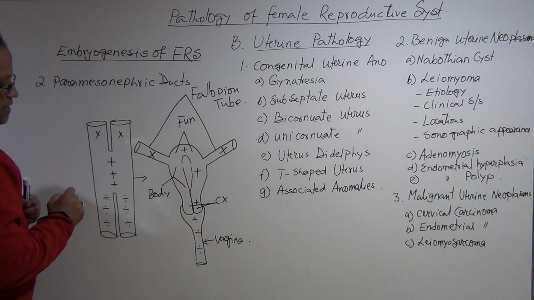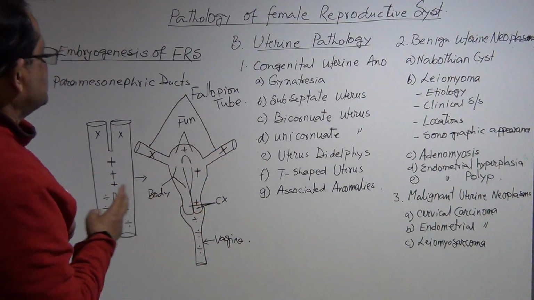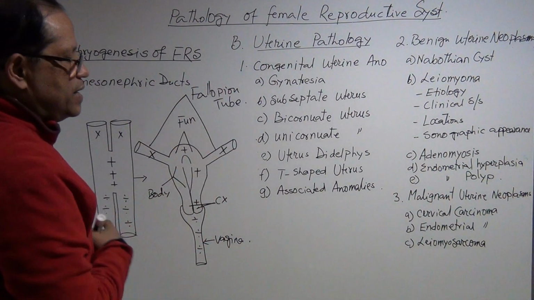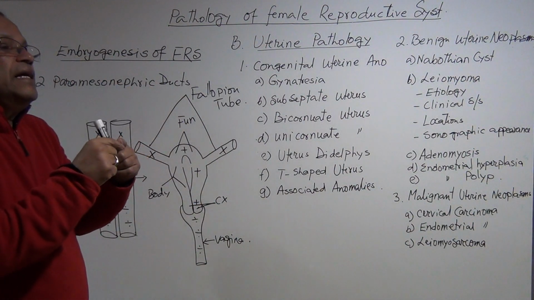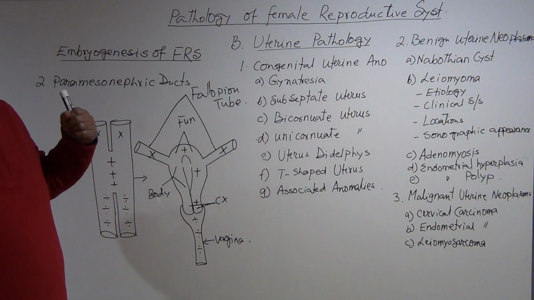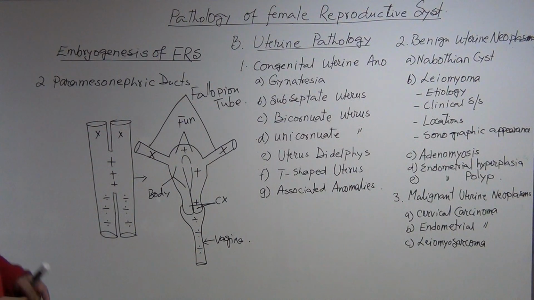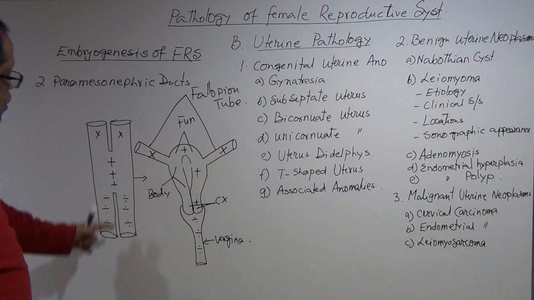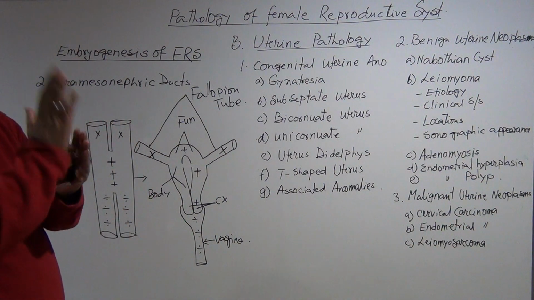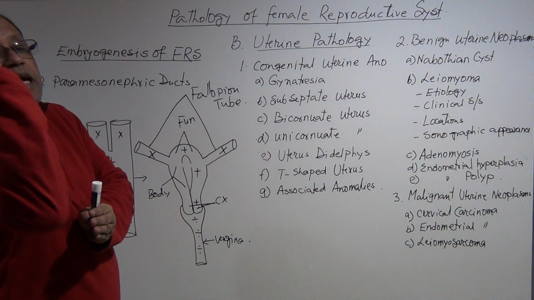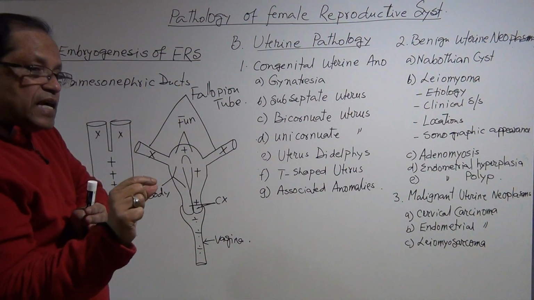If there are no two mesonephric tubules or ducts, only one, or when individually they decide that they will grow by themselves without fusing with each other, then individual tubes will grow and form one small uterus with one horn that has a fallopian tube, and then a small cervix and small vagina.